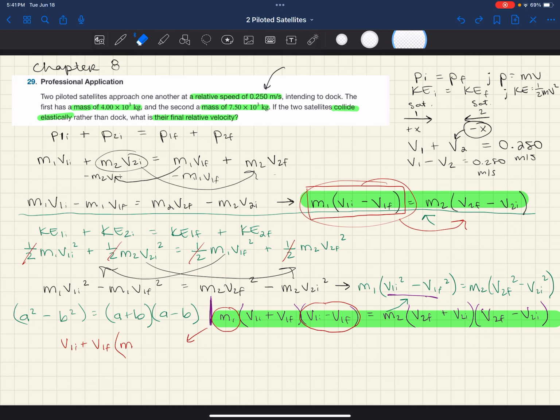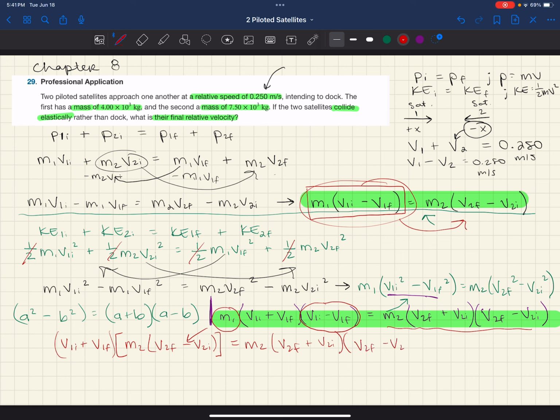This should say what it is equal to, not the same part, that was my fault. Okay, here it is. So this would actually be m2, I apologize for that, v2f minus v2 initial. And that is equal to, so now I'm going to write what's on the other side of my equation, m2, and then v2f plus v2i, and v2f minus v2i.